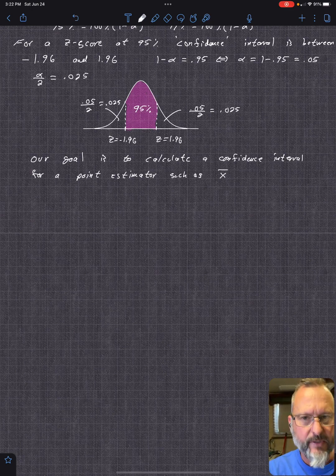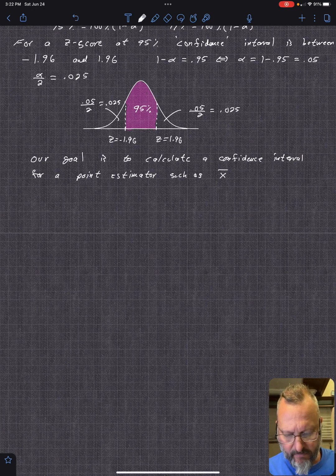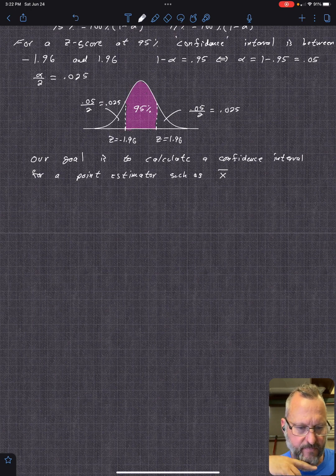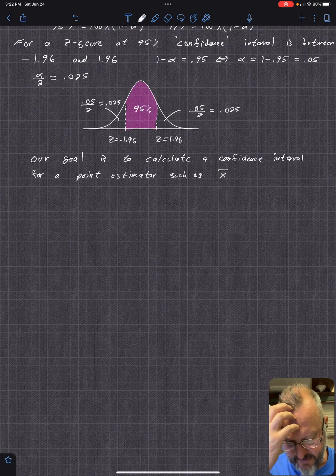That's the most typical one we will be concerned about. But you could look at sigma. You could look at S, the standard deviation. Like how confident are we that that's the real standard deviation, that kind of thing.